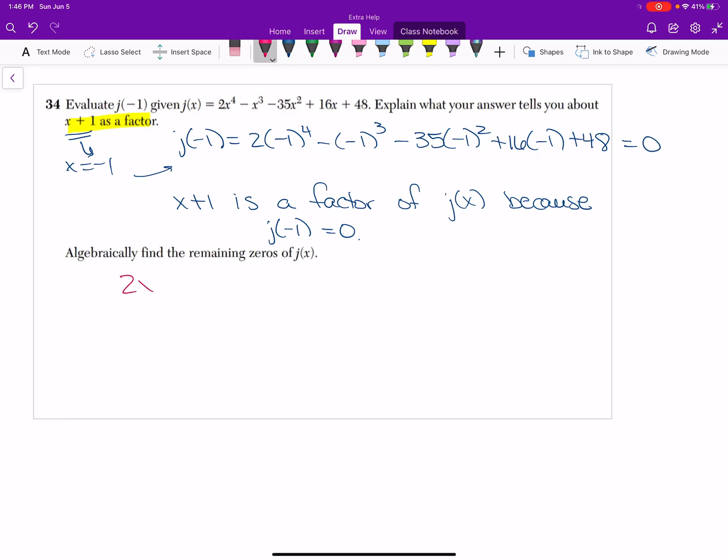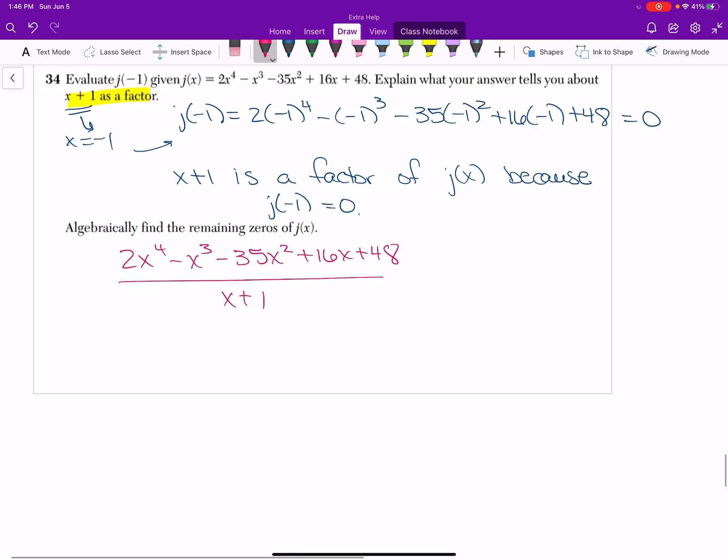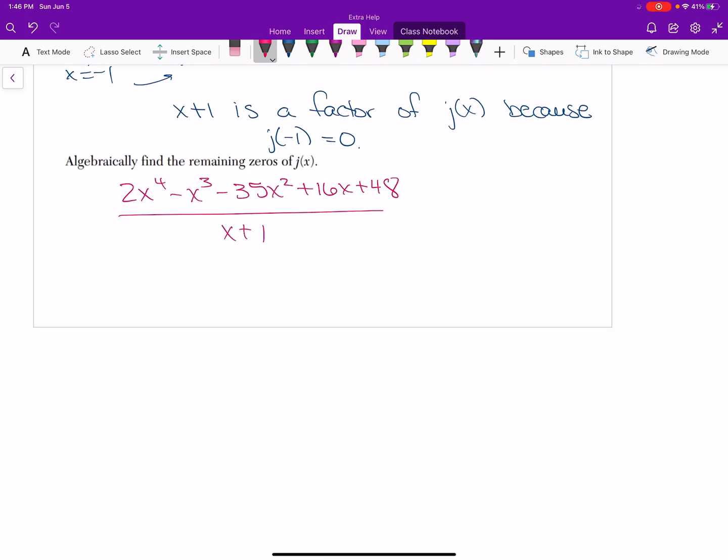That means that x plus 1 goes into j of x. It divides into it. So to start this off, this original j of x is not factorable, but if I divide it by x plus 1, let's see what we end up with.